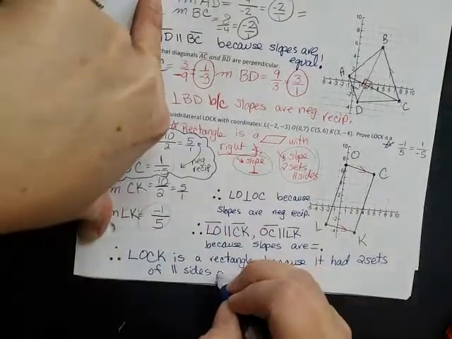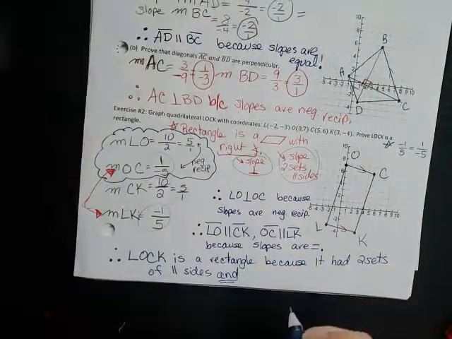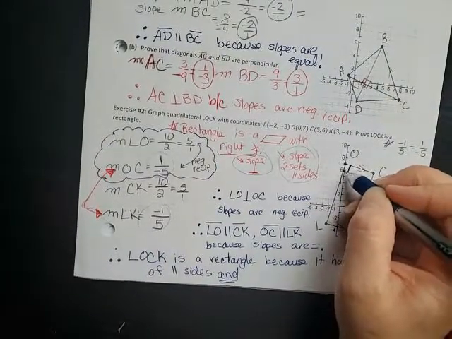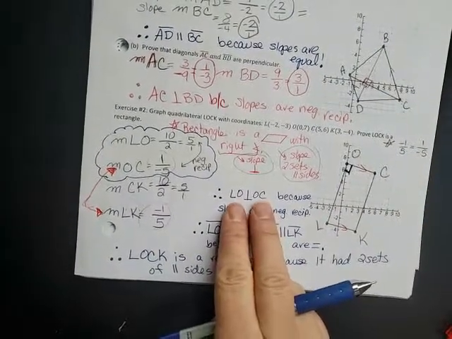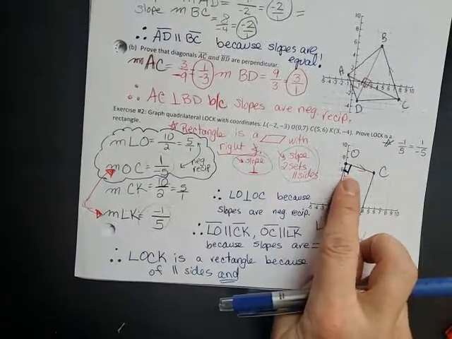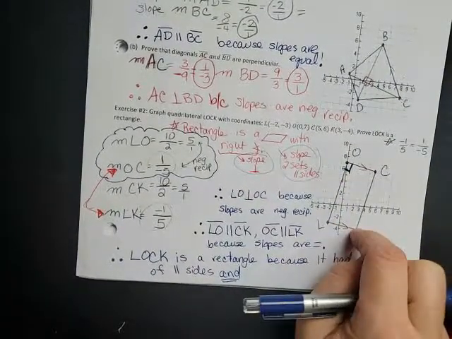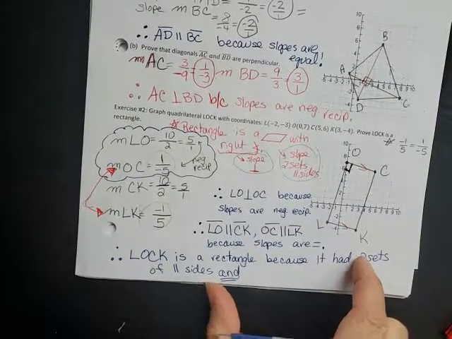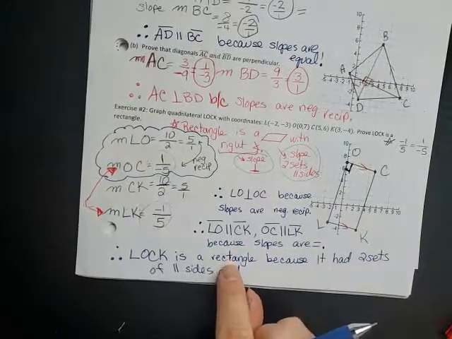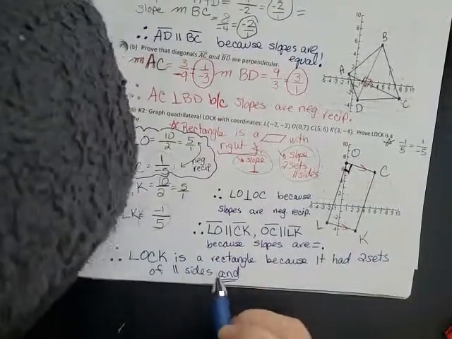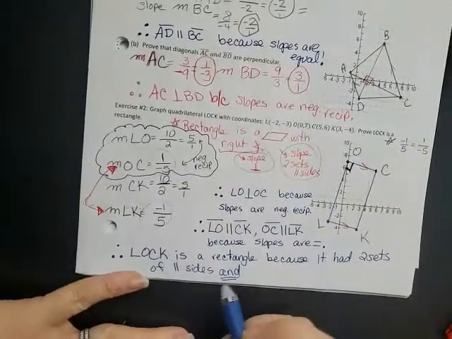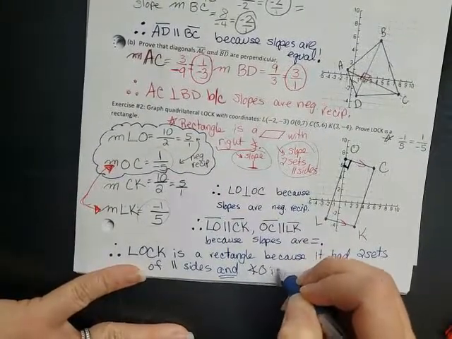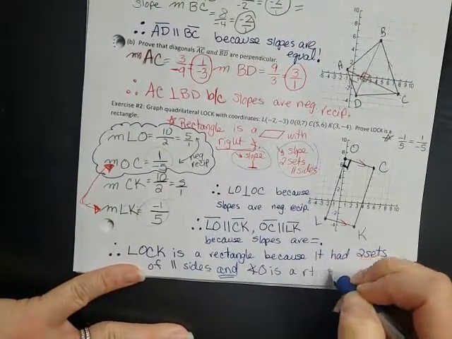And what makes a rectangle is when you have a right angle. So here we said LO and OC were perpendicular, making that the right angle. So again, 2 sets of parallel sides is enough to call it a parallelogram, but then we have to go that one step further to call it a rectangle. So LOCK is a rectangle because it has 2 sets of parallel sides and angle O is a right angle.